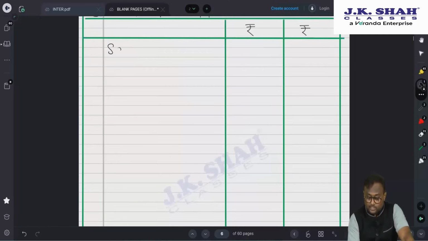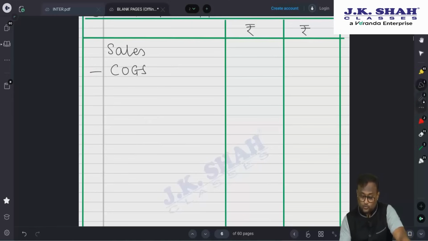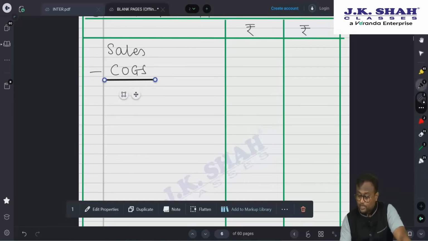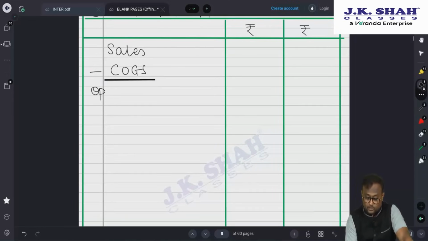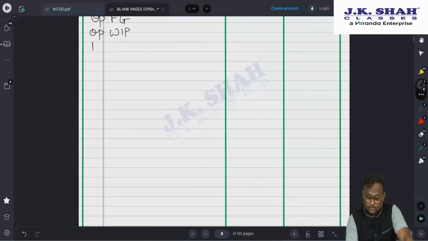It starts with sales. From sales we deduct cost of goods sold. When I talk about cost of goods sold, it has opening stock of finished goods, opening stock of WIP, it has raw material consumed, direct wages.